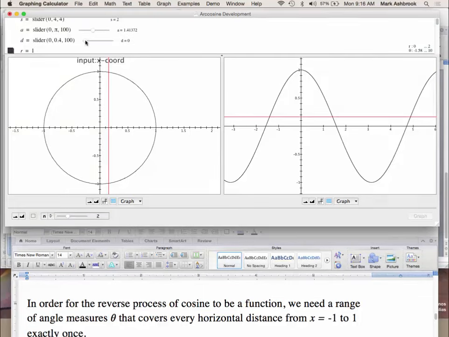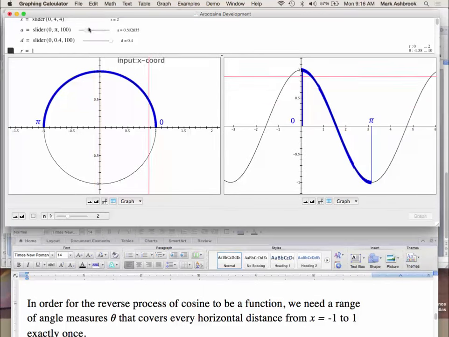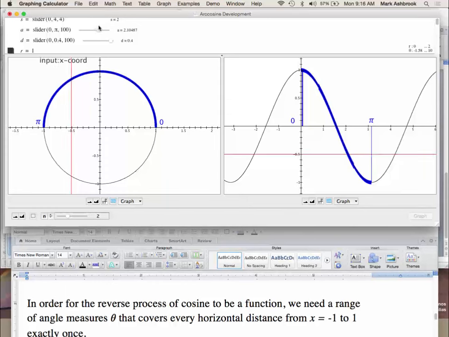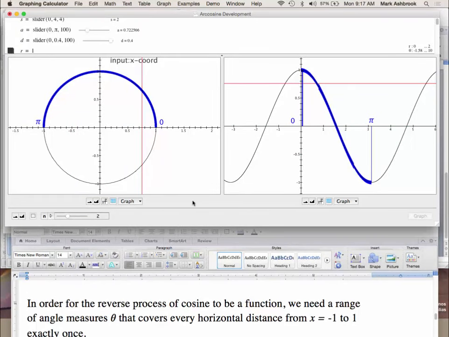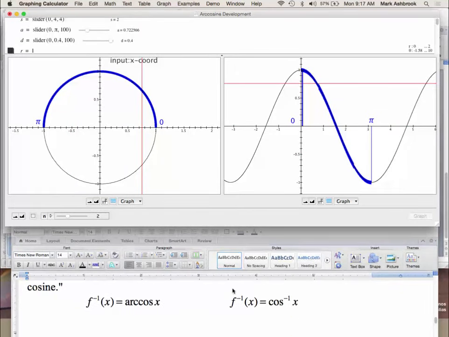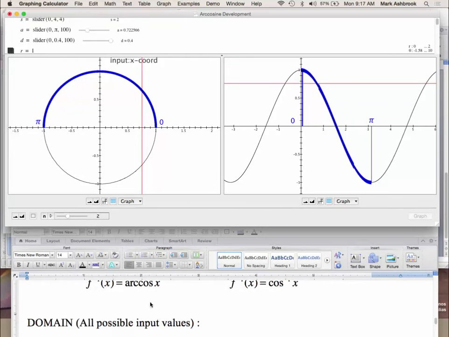Here we go. 0 to pi is going to be we're going to cut off cosine to just look at 0 to pi so that every x coordinate corresponds to just one angle measure. All right, again, it could be written this way: arc cosine of x, or cosine inverse of x. They both mean the same thing.